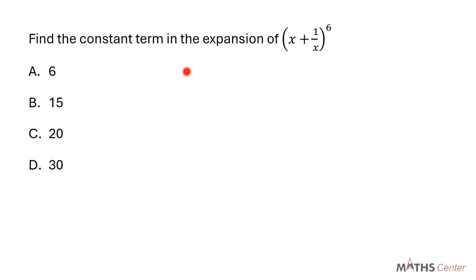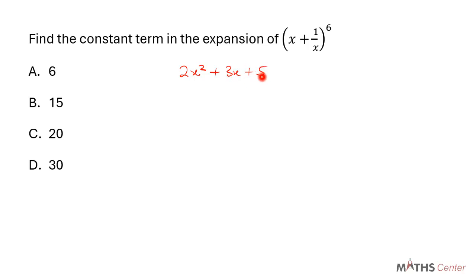Let's consider this example. Let's say we have an expression like 2x squared plus 3x plus 5. Now in this expression, 2x squared is the first term. In the first term, x has an exponent of 2. 3x is the second term. x has an exponent of 1.